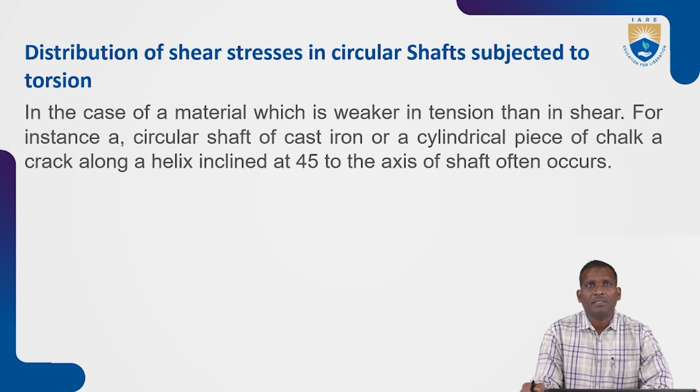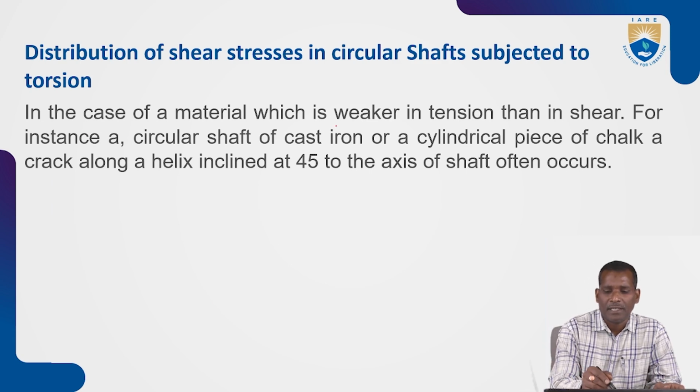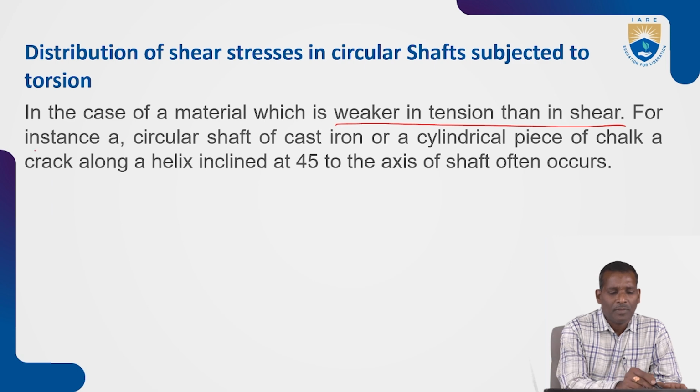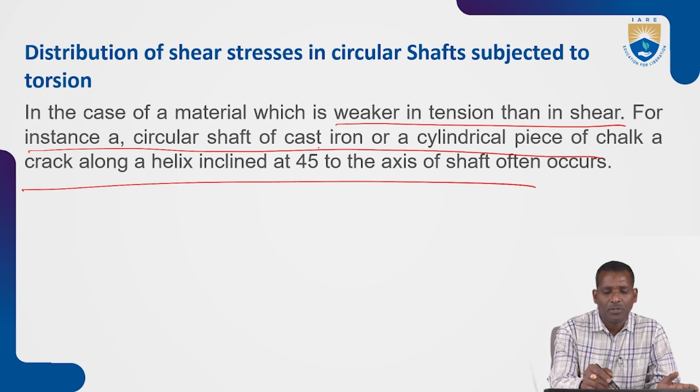In the case of a material which is weaker in tension than in shear, for instance a circular shaft of cast iron or a cylindrical piece of chalk, a crack forms along a helix inclined at 45 degrees to the axis of the shaft.